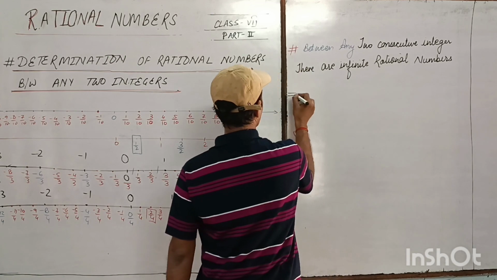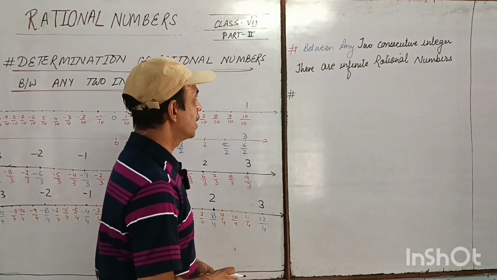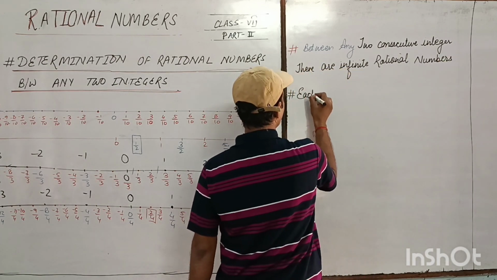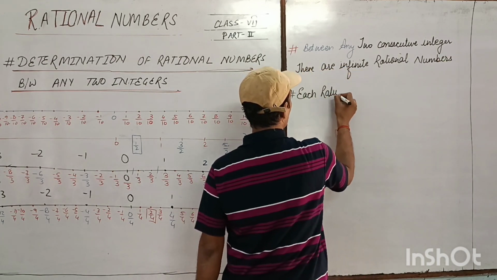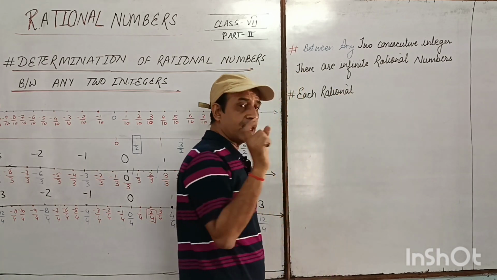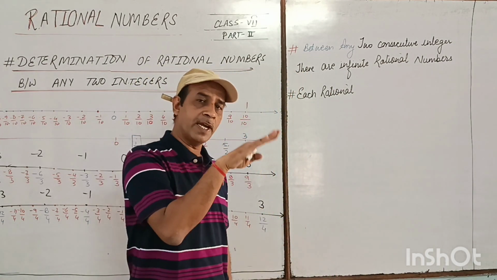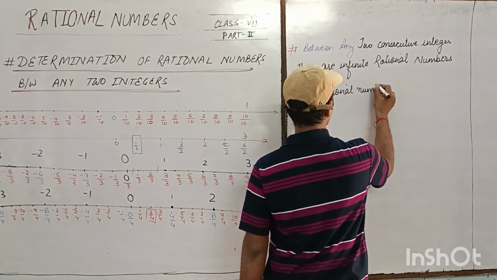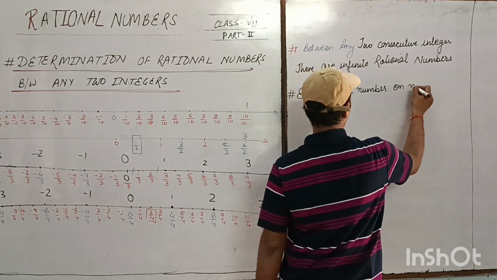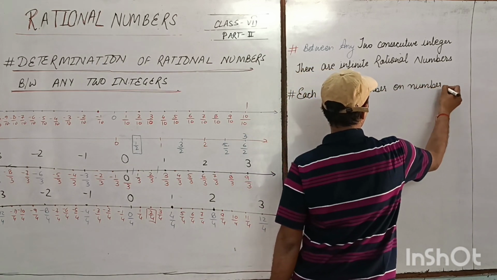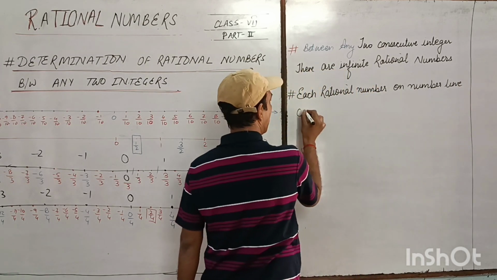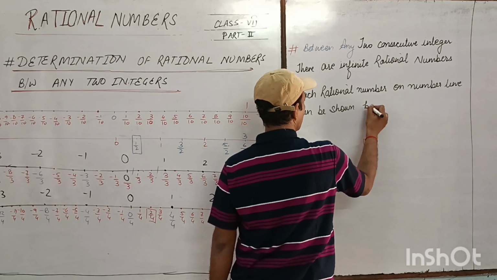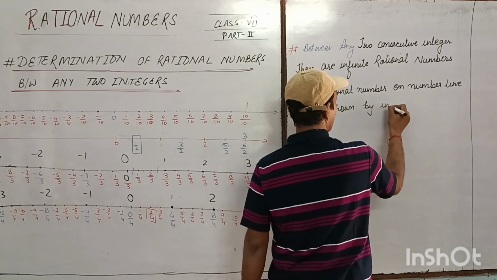Well, the second thing: each rational number, as has been told earlier, can be written in the form of infinite rational numbers. That means each rational number on the number line can be shown or represented by infinite rational numbers.